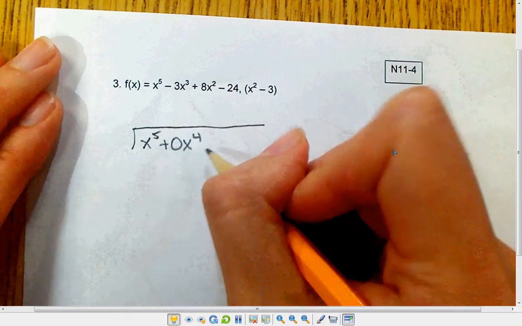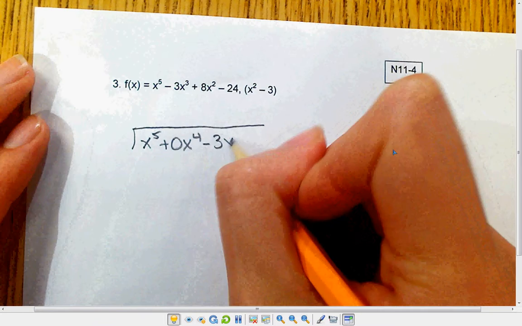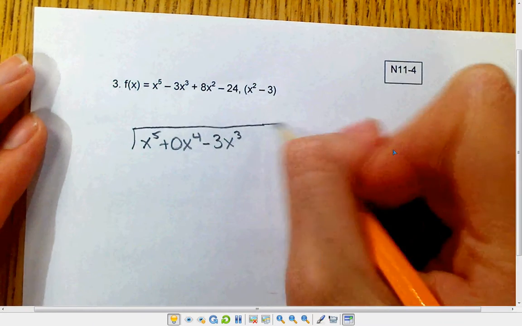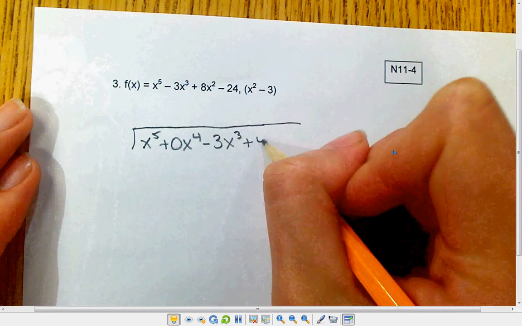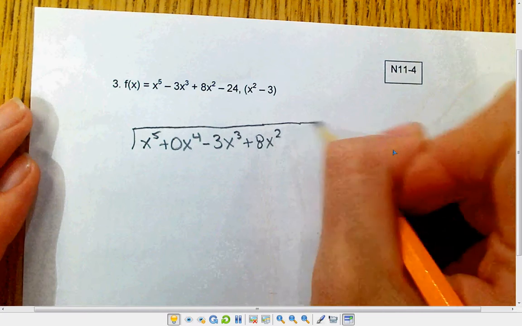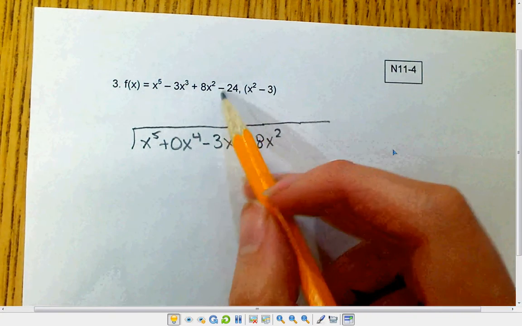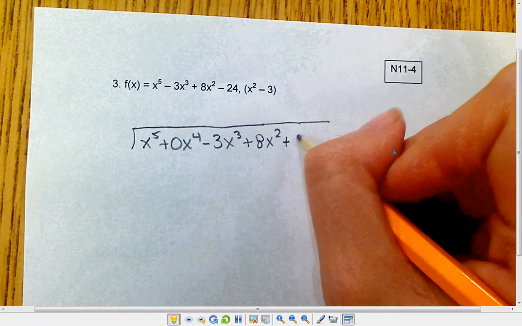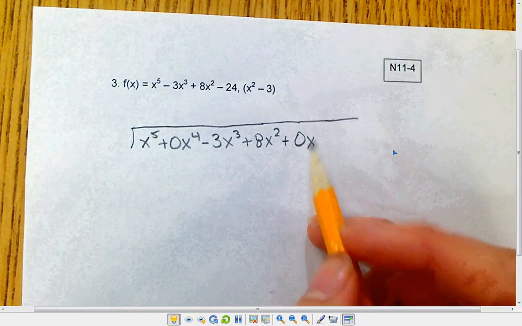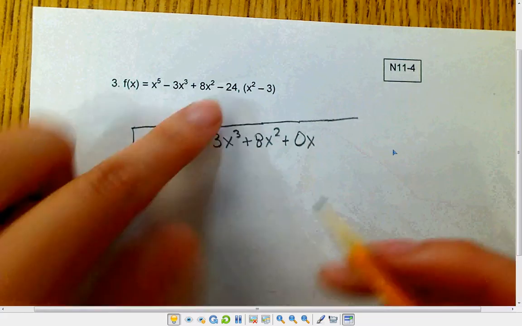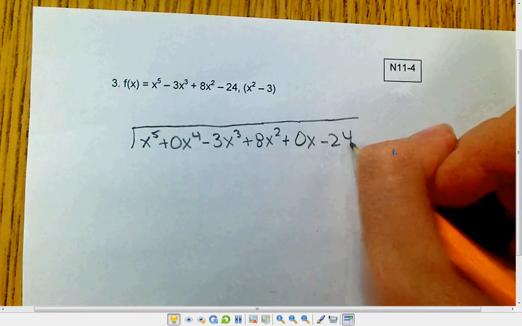Next one should be x to the 3rd, so we have a minus 3x to the 3rd. After that should be x squared, so plus x squared. After the x squared should be x to the first power, just x. Again, there's no x there, so we're going to have another placeholder, 0x, because we need to have that x to the first power, and then minus 24.